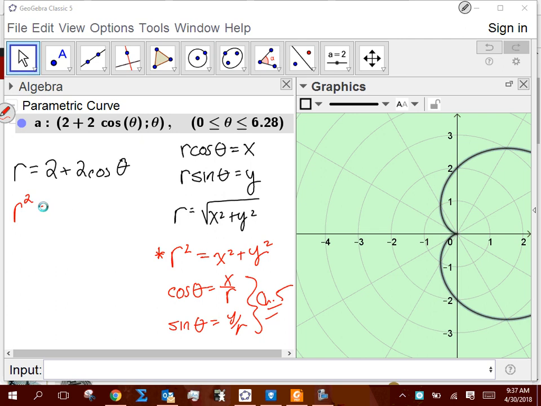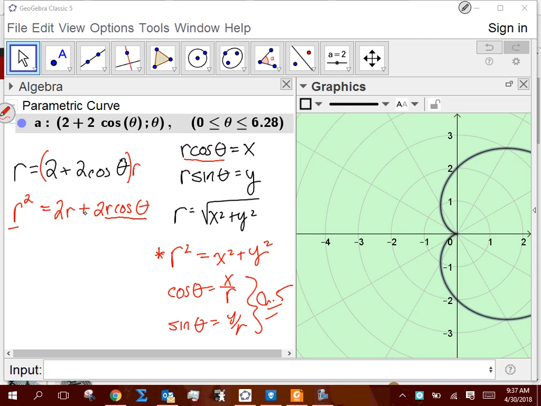If I multiply the right-hand side by r, remember this would be distributing, so I get 2r plus 2r cosine theta. Well, that's nice, because what's r cosine theta? It's x. What was r squared? x squared plus y squared.